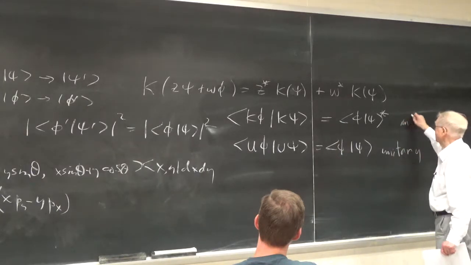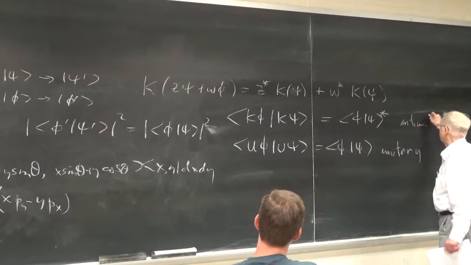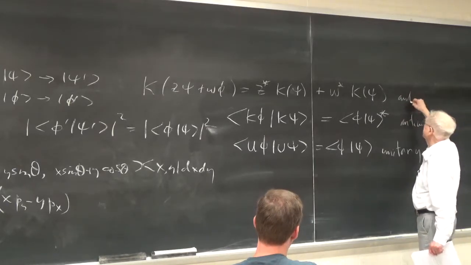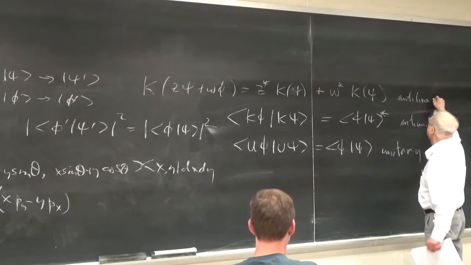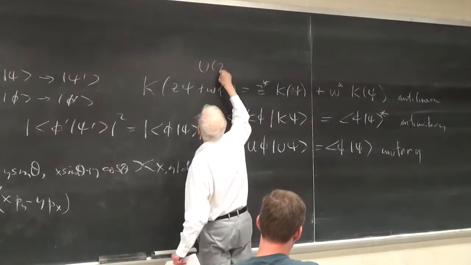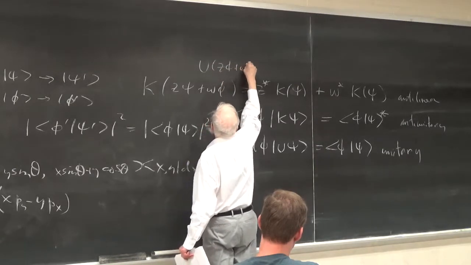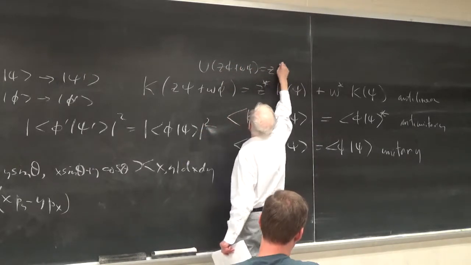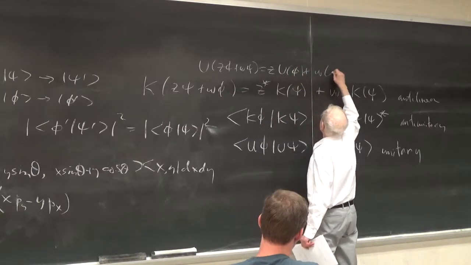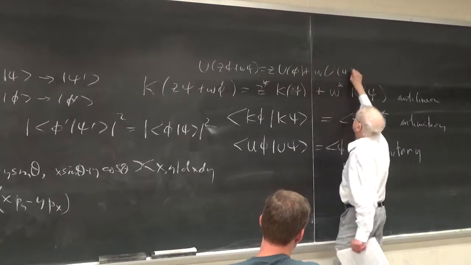This is anti-unitary. This is antilinear. And linear would be, for example, U on z phi plus w psi would be just z U on phi plus w U on psi.